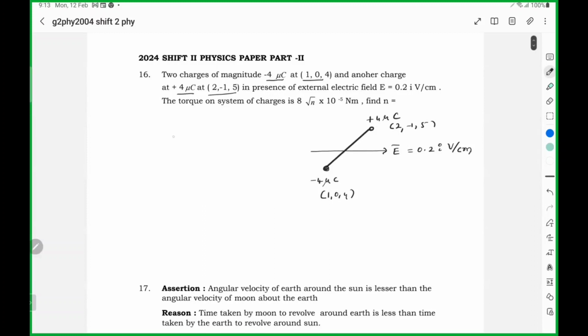The torque on the dipole is P bar cross E bar. Here P bar stands for the dipole moment, which is Q times the directed distance between the charges.